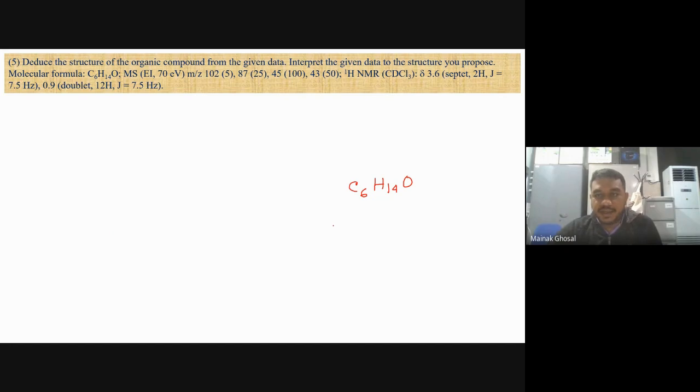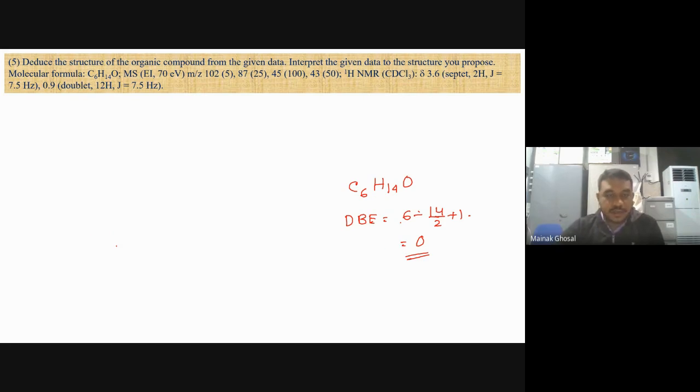Here you see the double bond equivalence is 0: 6 plus 1 is 7, 14 by 2 is 7, so this is 0. So there is no double bond in the molecule.